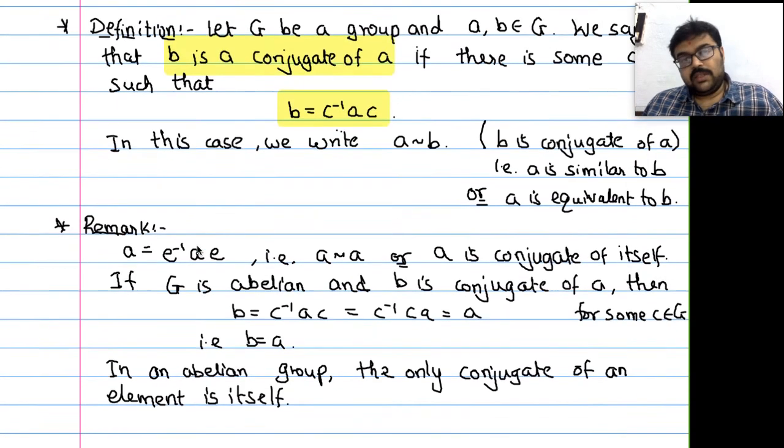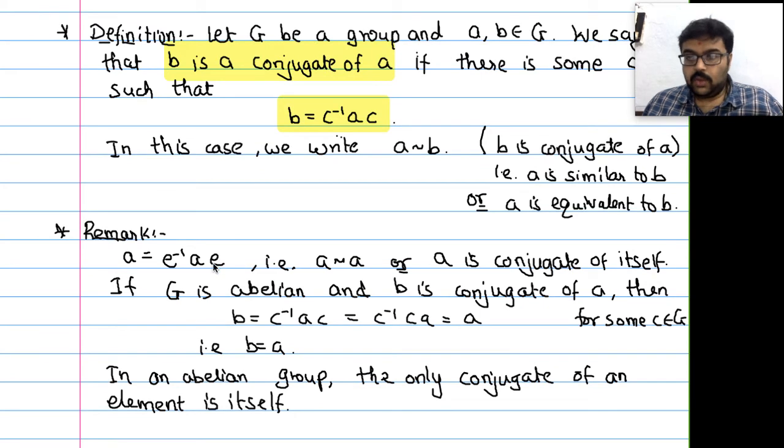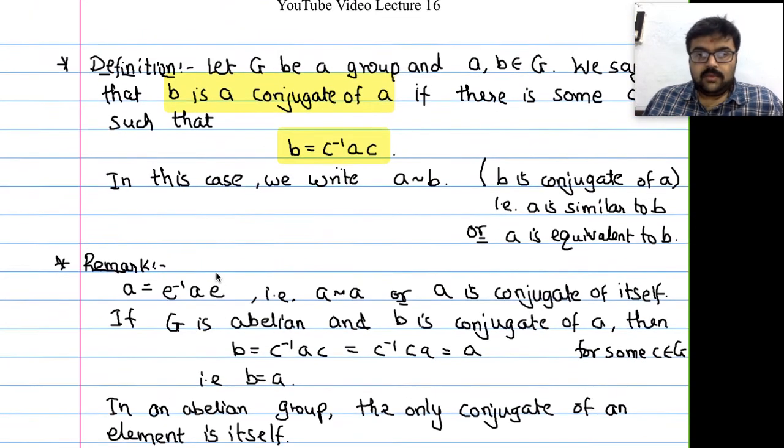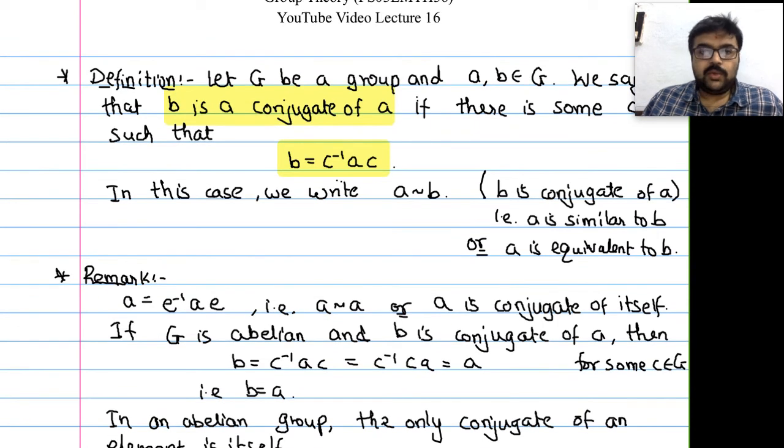So we need to consider examples in a non-abelian group, and the non-abelian group which we have seen is S3, the standard non-abelian group, the smallest one, the first one, right? So we'll consider those examples later on.